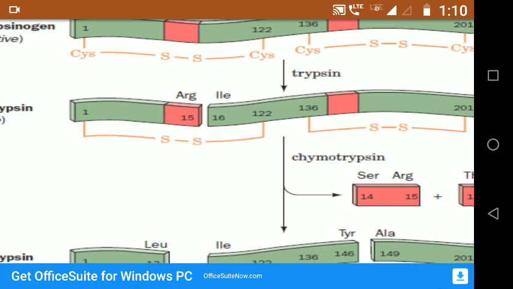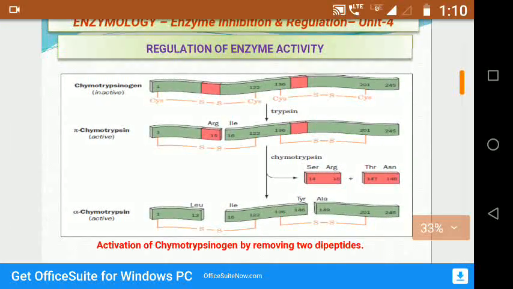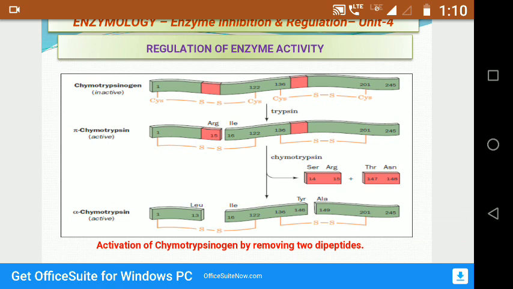So trypsin breaks this bond, and we get two fragments, one with 15 amino acids and another with the remaining amino acids. Then this intermediate form of chymotrypsin becomes a substrate for active chymotrypsin.